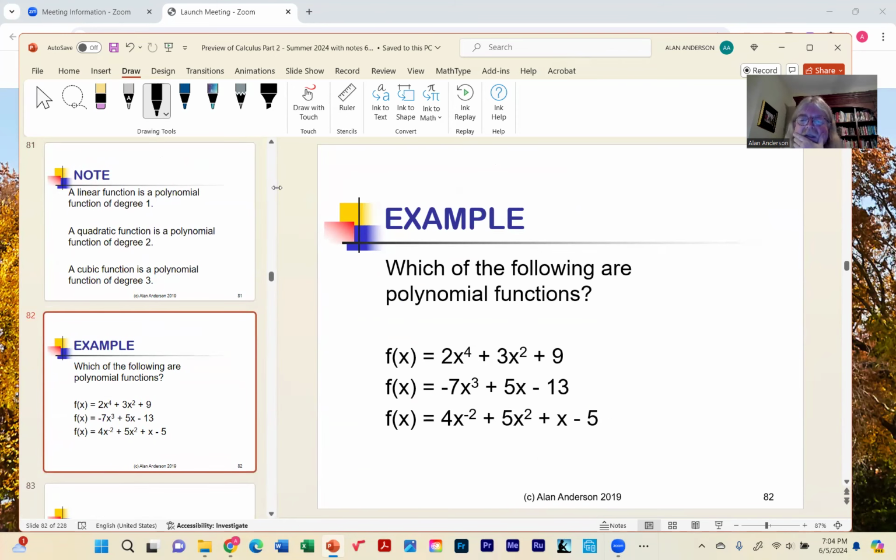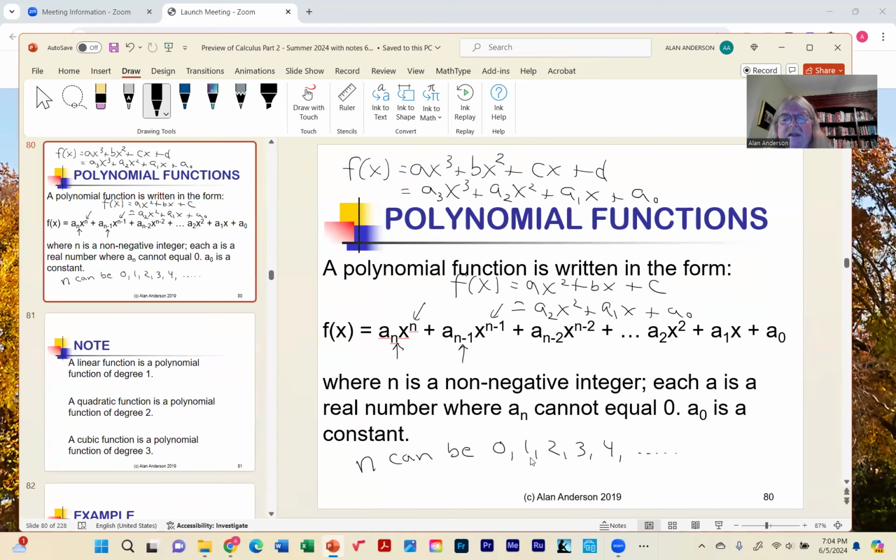So these, now if you look at these carefully, you can identify which ones are and which ones are not polynomials very easily, because if you look here, the exponents are all positive integers. By the way, don't forget, 9 is the same thing as 9x to the 0 power. So this qualifies because, remember, we were told that the exponent has to be non-negative.